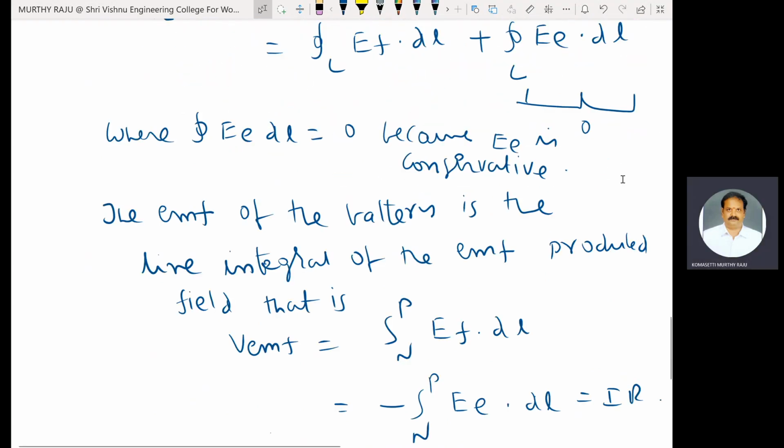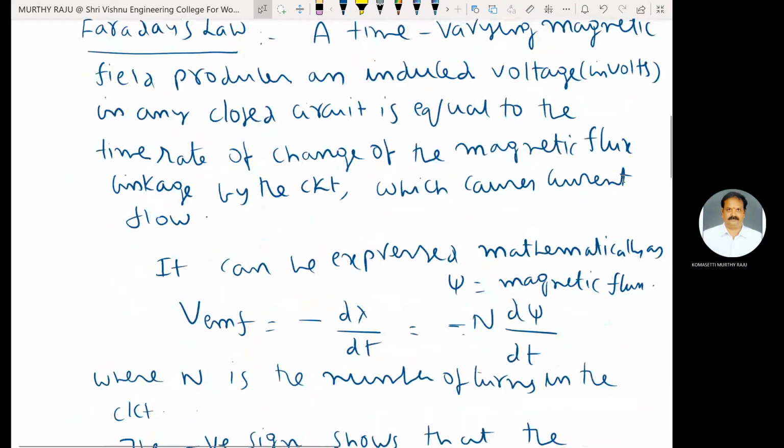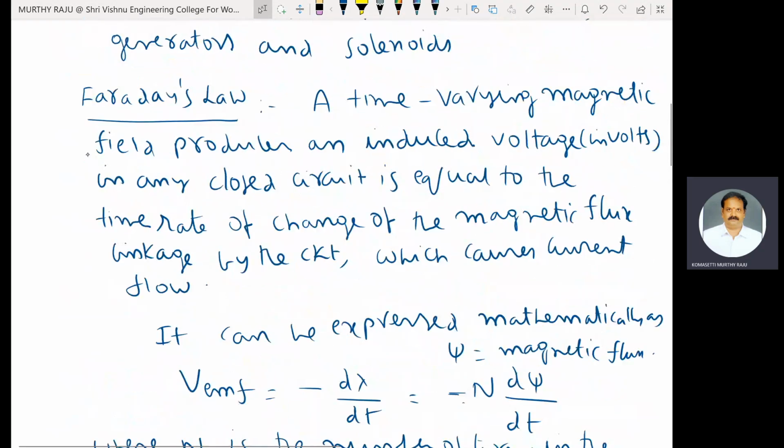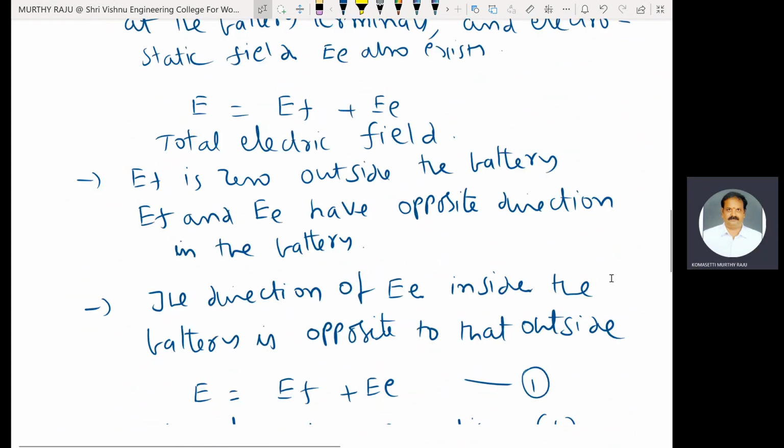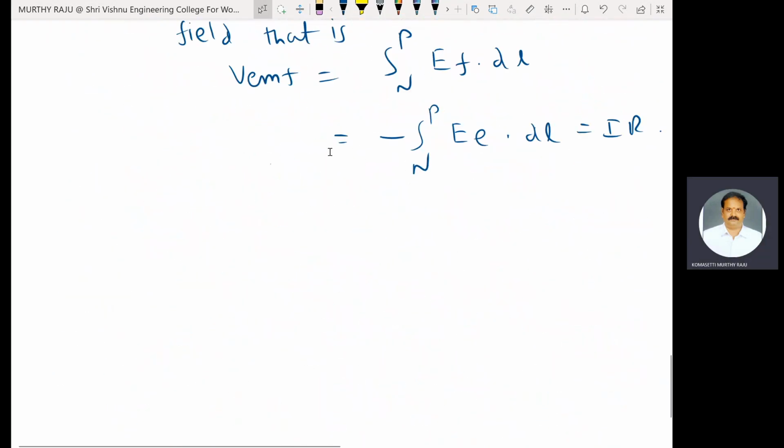There are two cases. In case 1, the induced EMF is equal to minus N into d psi by dt. In case 2, the induced EMF is equal to the integral over the line N to P of EF dot dl.